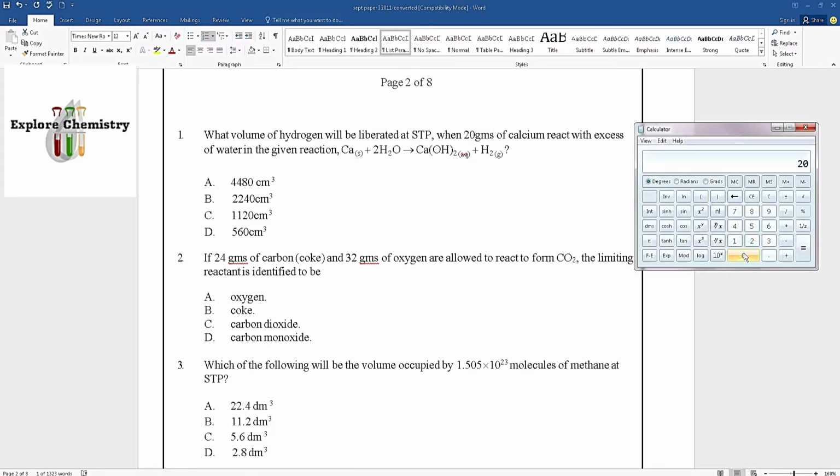20 gram mass divided by the molar mass of calcium, which is 40 gram, it will be 0.5.